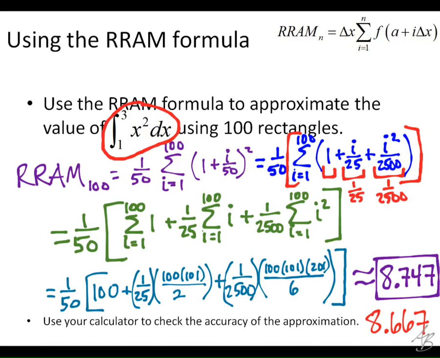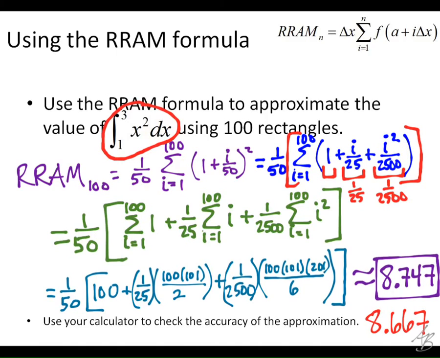So you can see that we used 100 rectangles here, and if we had tried to do this by hand, we would have done a lot of work to get an answer that's off by a little under 1/10. And when we're trying to get answers that are accurate to the nearest thousandth in general, that's still not very good. So what's the next step here? Increase the number of rectangles.